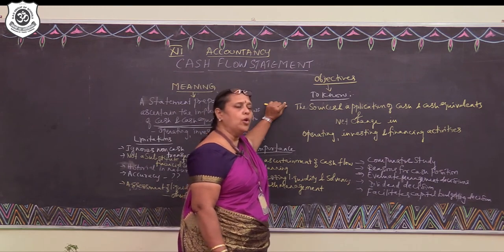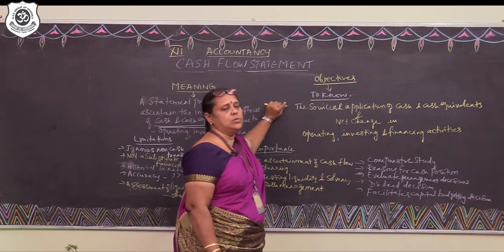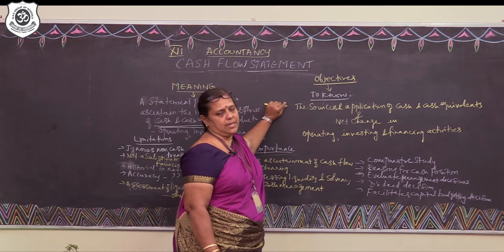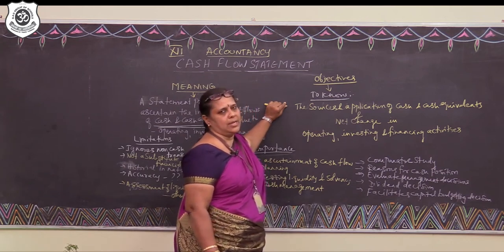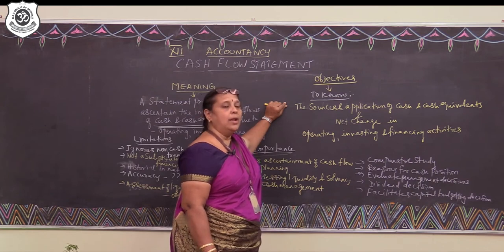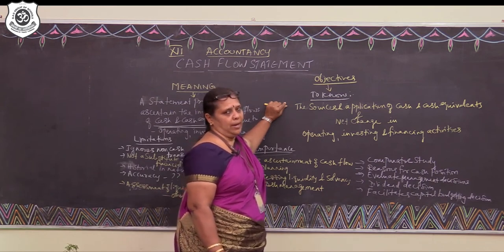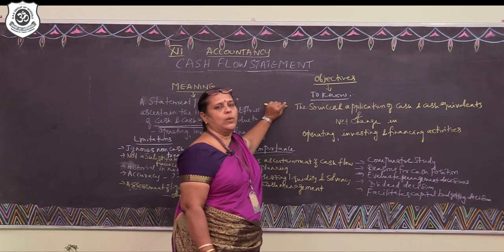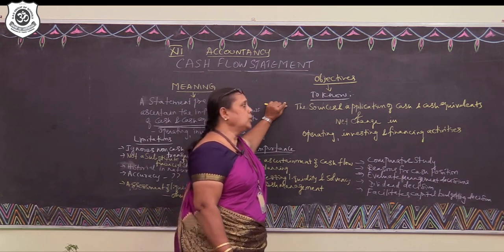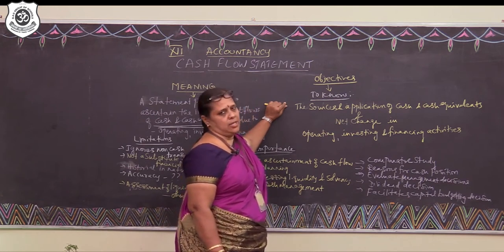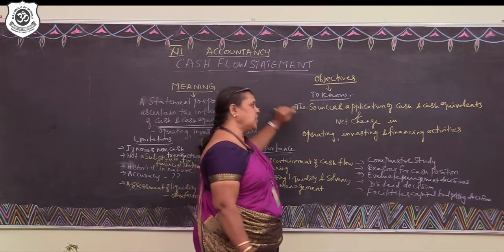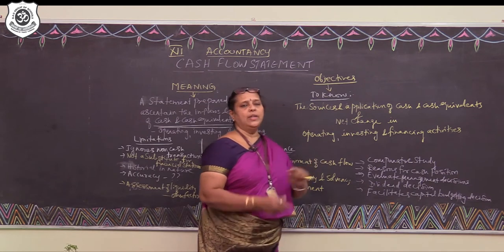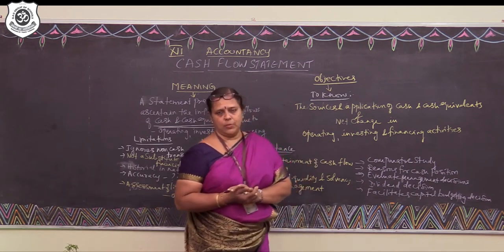He has to go for consolidating the inflows and outflows of cash and cash equivalents to ascertain the sources from where the cash and cash equivalents were drawn and how these funds were applied. Find the uses of cash and cash equivalents and then find out the net change in the operating, investing and financing activities.